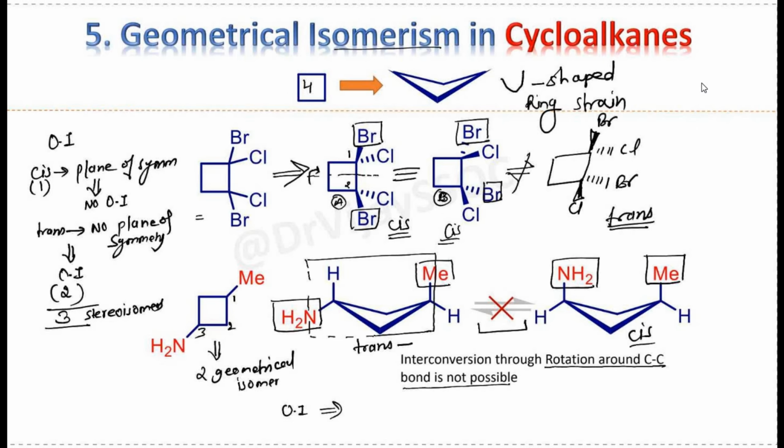Therefore there are no optical isomers, because cis and trans both have a plane of symmetry. So there is no optical isomerism, only two geometrical isomers.